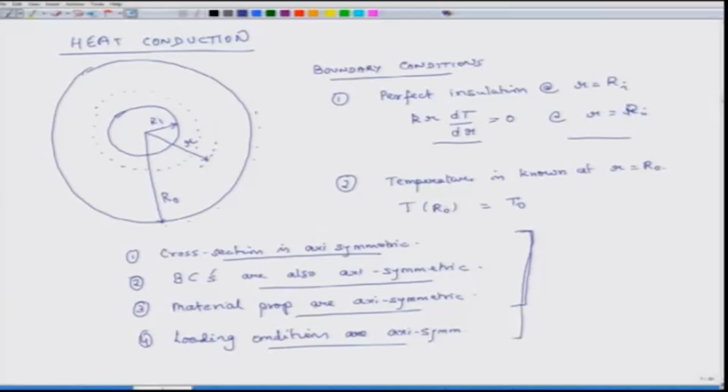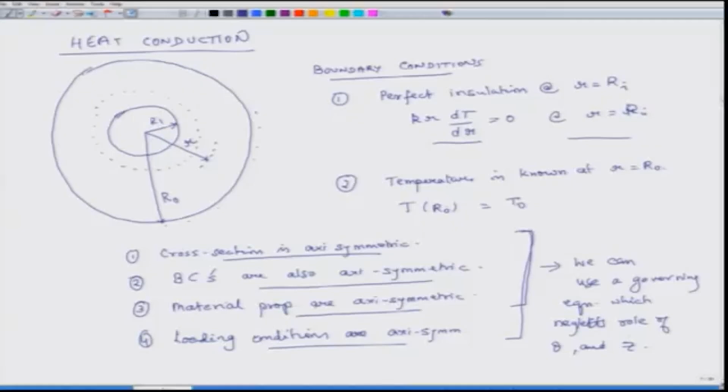So, if all these 4 conditions are met, cross section, boundary conditions, material properties and loading conditions, all of them you have to meet, then we can use a governing equation which neglects the role of theta and z.